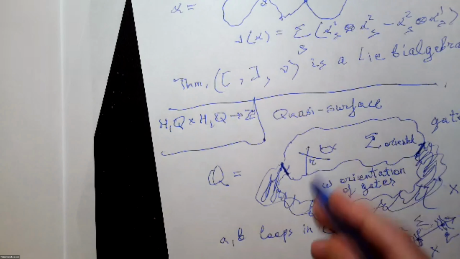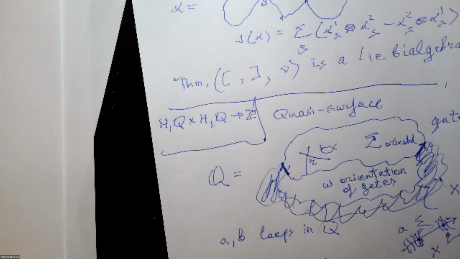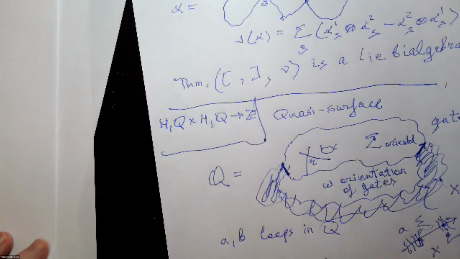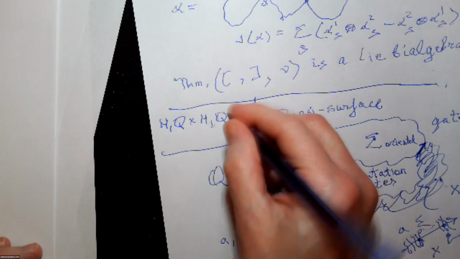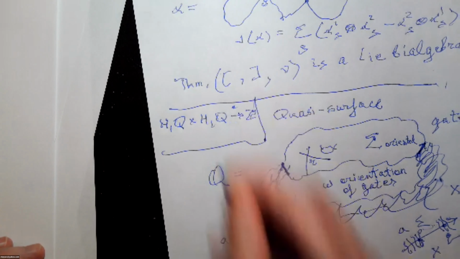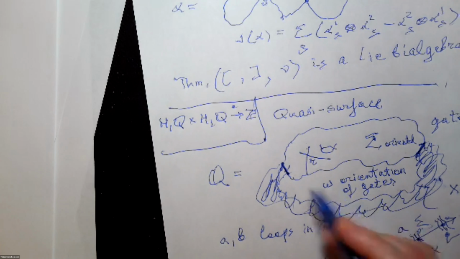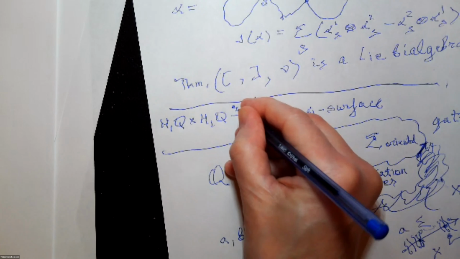So Q is the whole space, but still there is some kind of homological intersection which is determined by the nice part of this Q, right? So let me denote this somehow by, so that's a dot, but this dot depends on omega, on the orientation of the gates which we fixed. So that's dot omega.